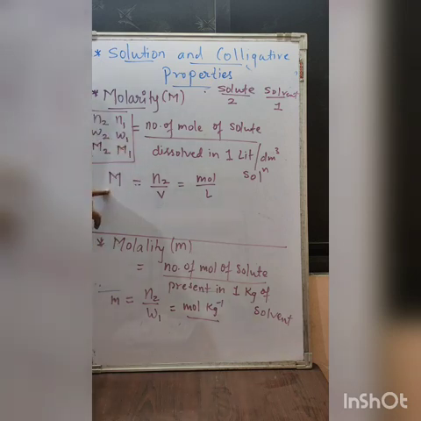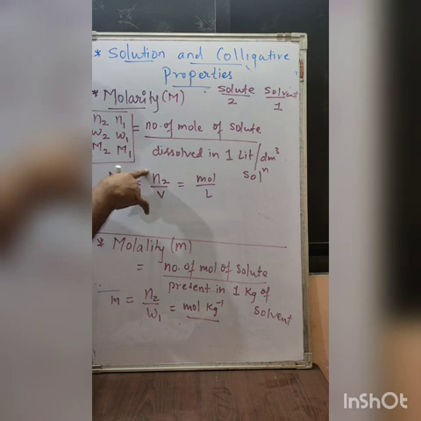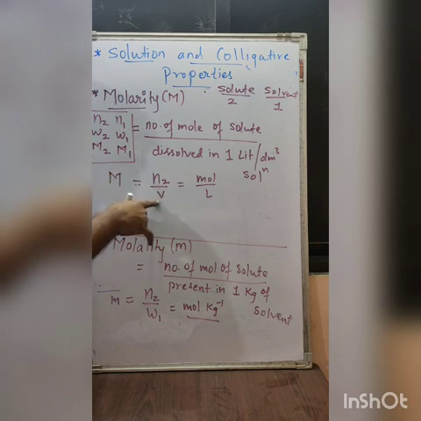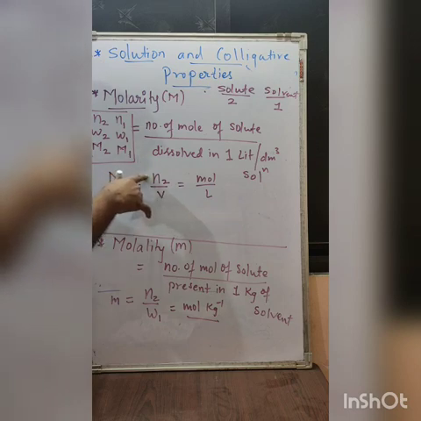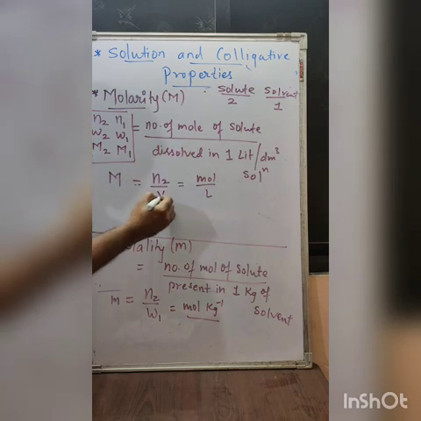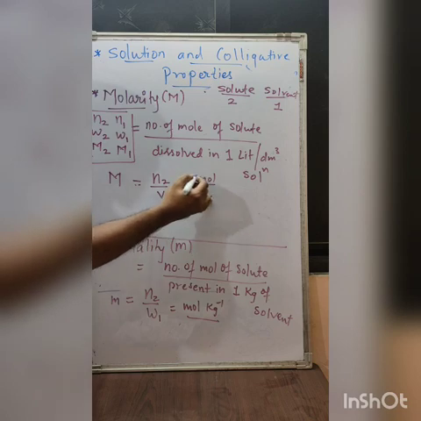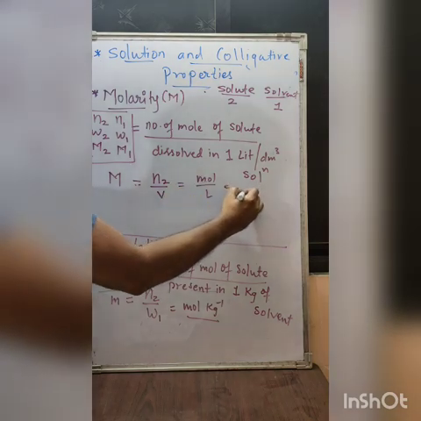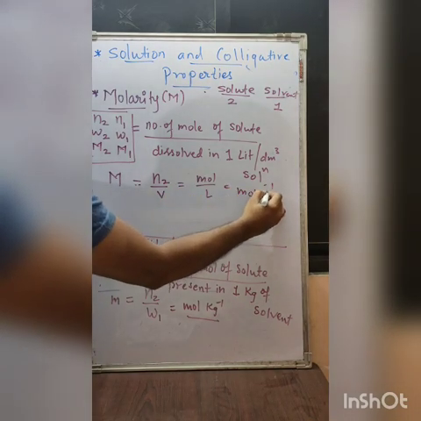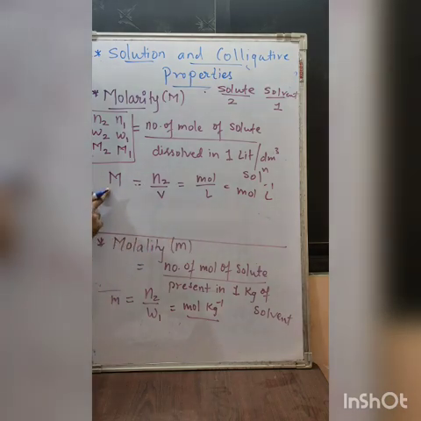So here M is molarity. Molarity is defined as the number of moles of solute dissolved in the volume of solution in dm cube or 1 liter. So N2 is the number of moles of solute and volume is V, having a unit of liter. So mole per liter is the unit for molarity.